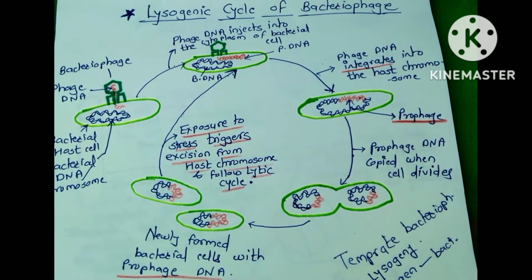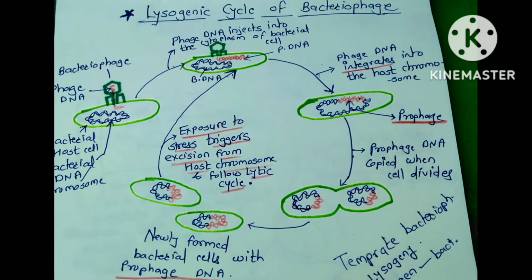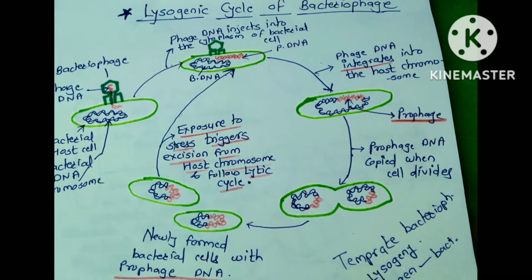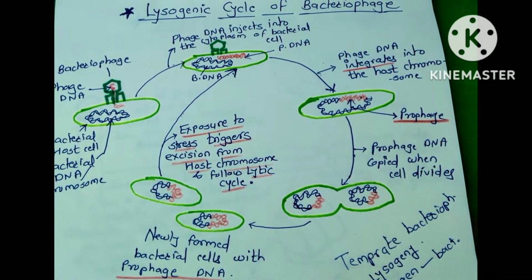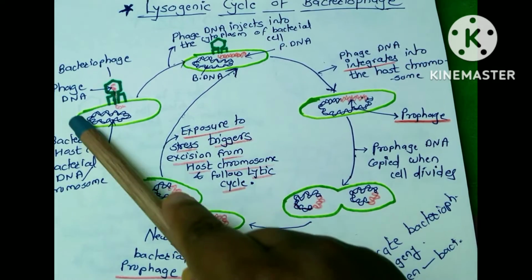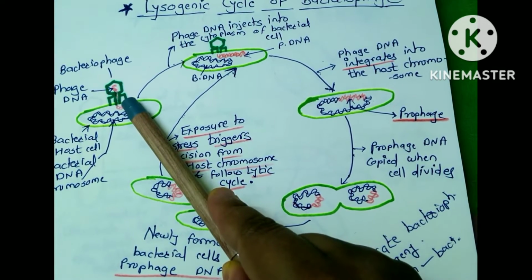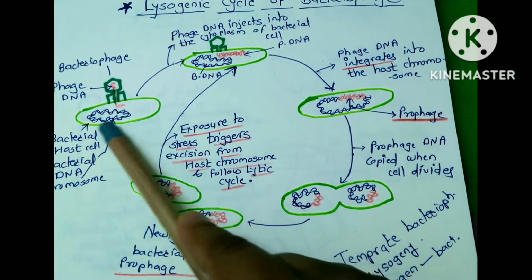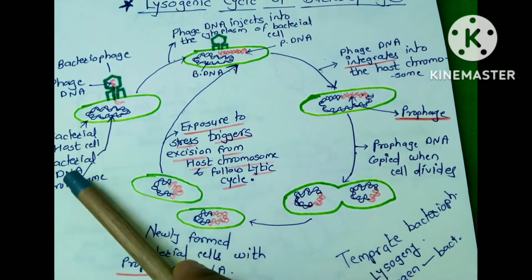Okay, so in this diagram we can discuss the lysogenic life cycle of the bacteriophages stepwise. Here we can see the attachment of the bacteriophage to the host surface, that means the bacterial surface.